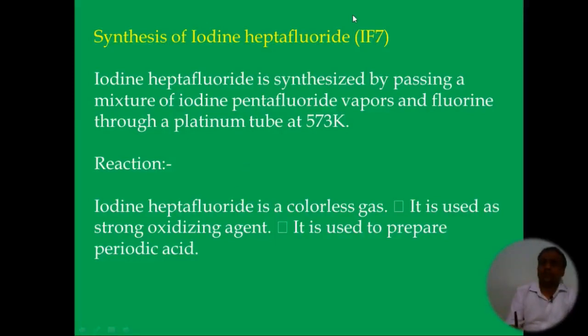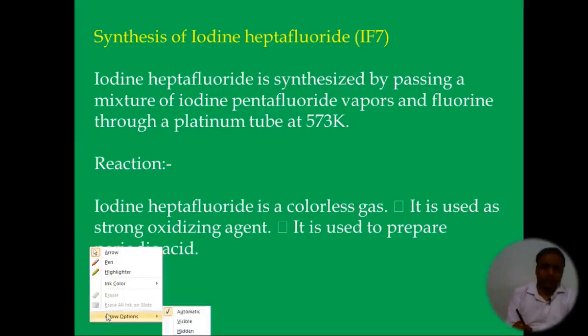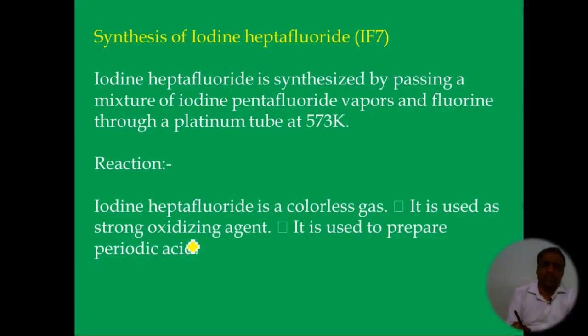Iodine heptafluoride is synthesized by passing a mixture of iodine pentafluoride vapors and fluorine through a platinum tube at 573 Kelvin.